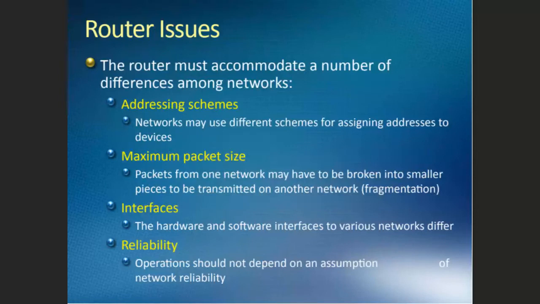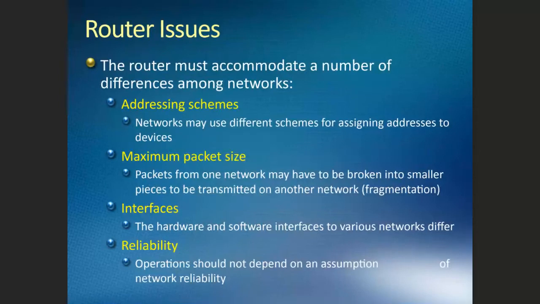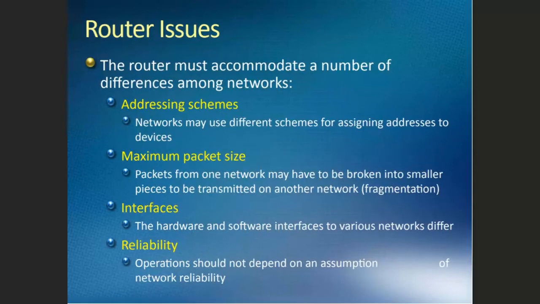So for a router to work, it needs these things. They call them issues, but these are information related to the router. You need to use an addressing scheme because the router depends on the IP address to decide. It also needs to know the maximum packet size.